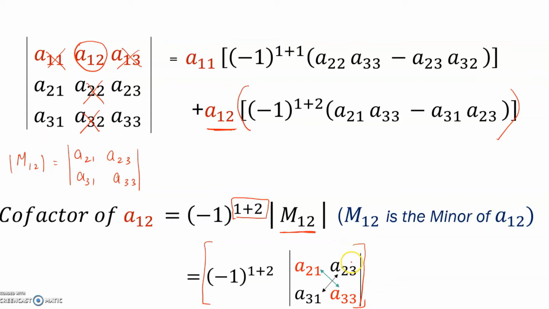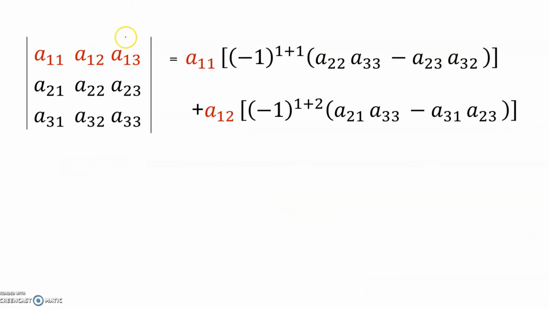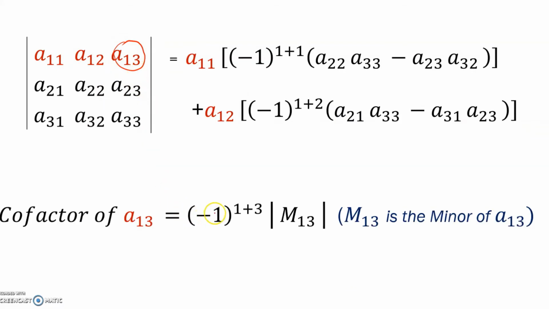We're going to repeat the same process for the last element in the row, which is A13. First finding the cofactor, you have -1 to the power of 1 plus 3 multiplied by the determinant of the minor M13.